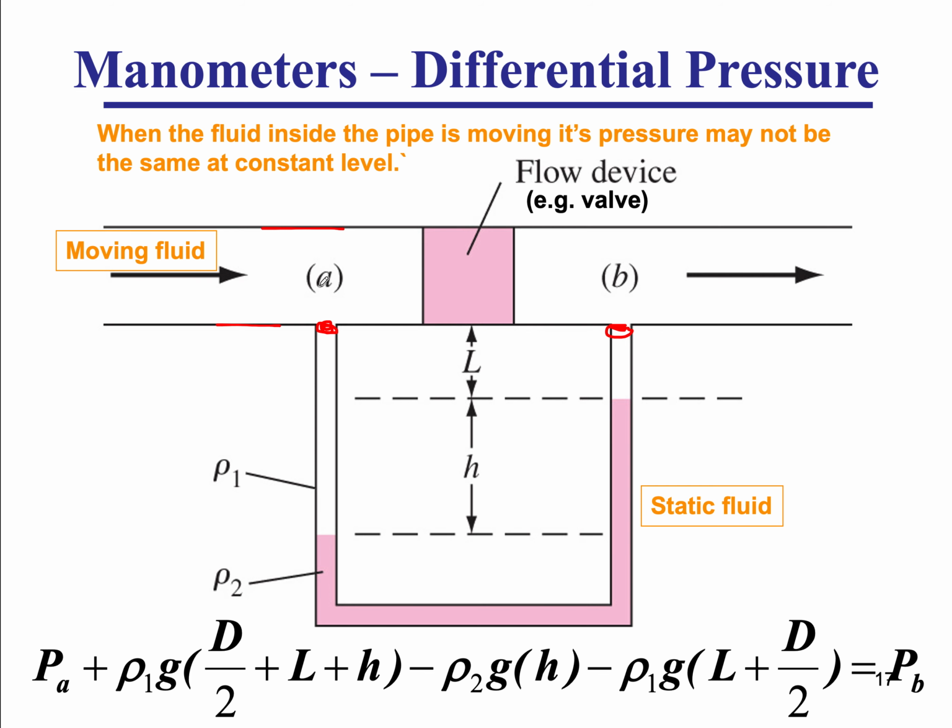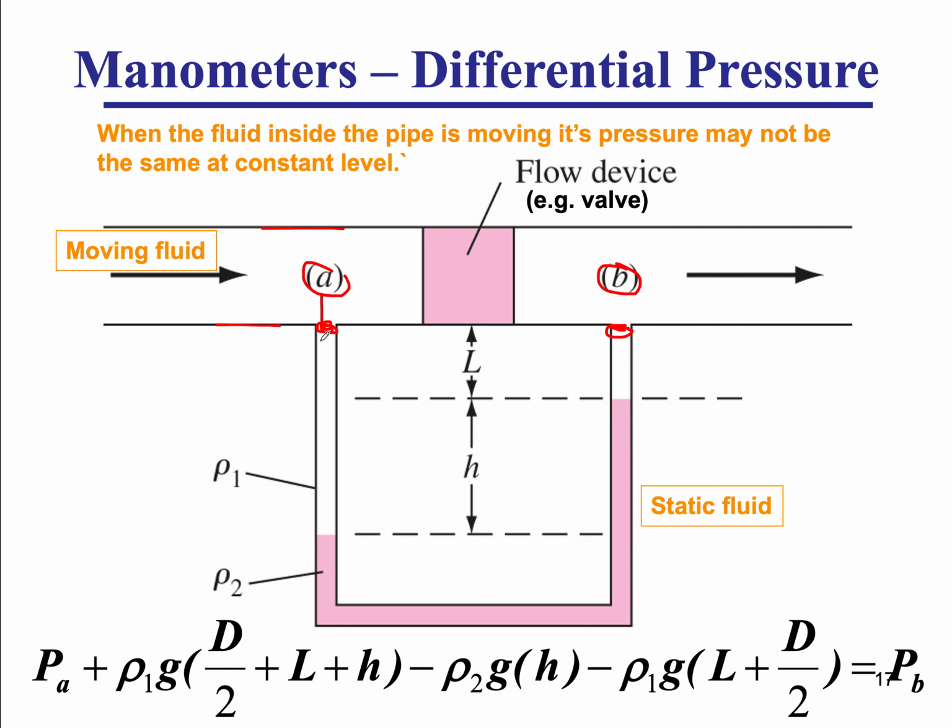And then I can find the pressure difference across this device, pressure at A minus pressure at B, which we call the pressure drop, a very important concept in fluids. So that's in the moving pipe. I can find the pressure drop if I go through the manometer.